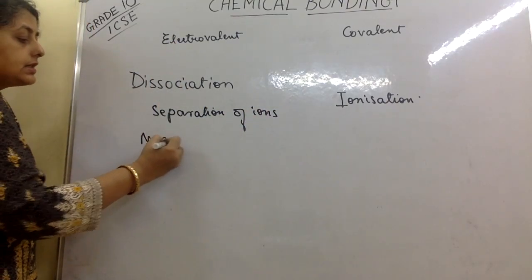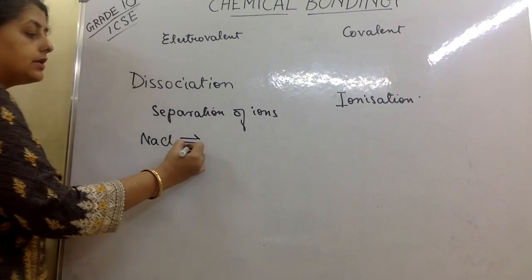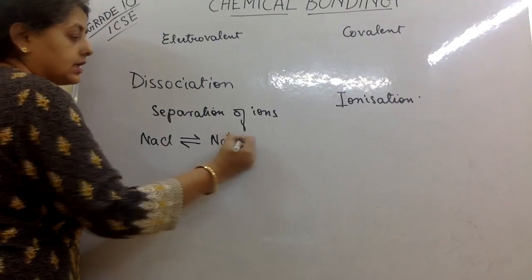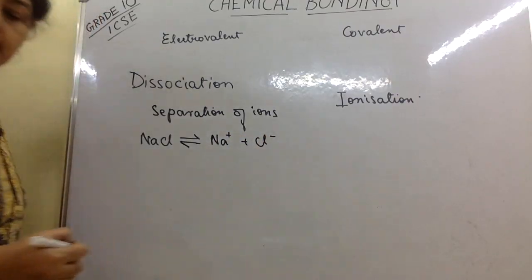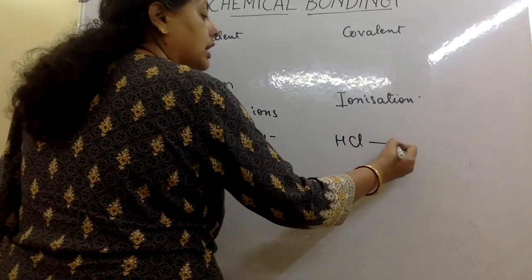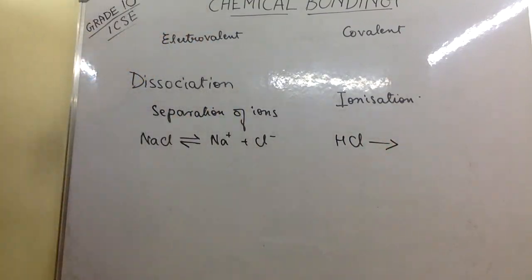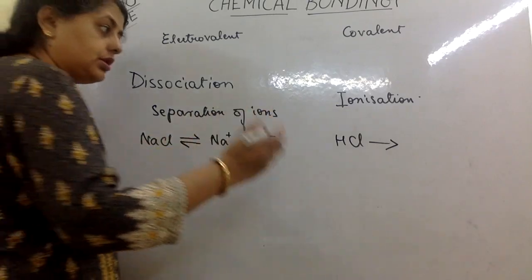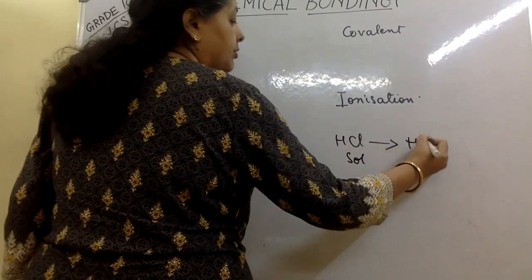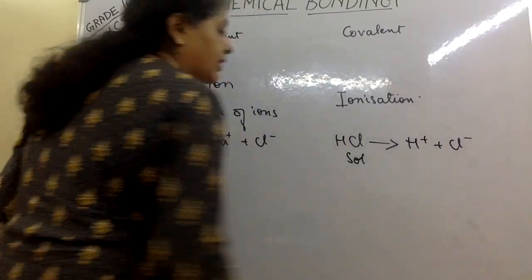Means NaCl, you have to heat it and melt it, and then it becomes Na plus and Cl minus. Ionization, on the other hand, is, supposing HCl, a polar covalent compound, and in solution, when you mix water with it, it becomes H plus and Cl minus.